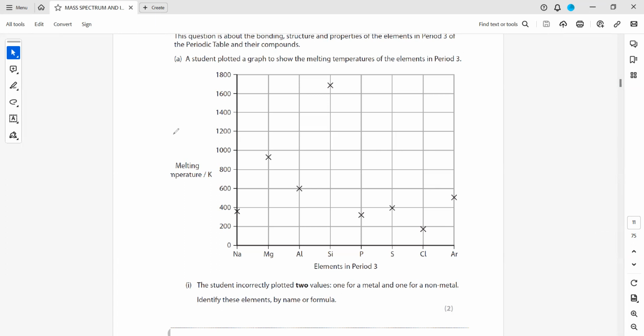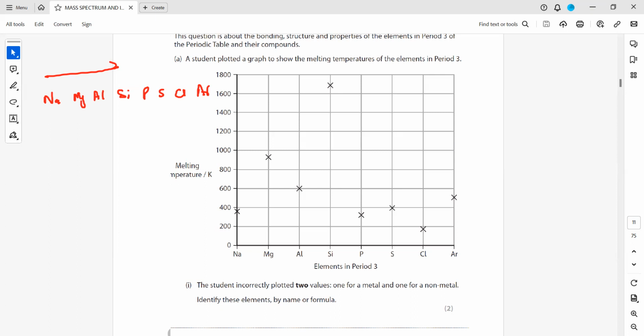As we discussed, we have sodium, magnesium, aluminium, silicon, phosphorus, sulfur, chlorine, and argon. So these are the elements we have. When we move across the first four elements, what will happen?